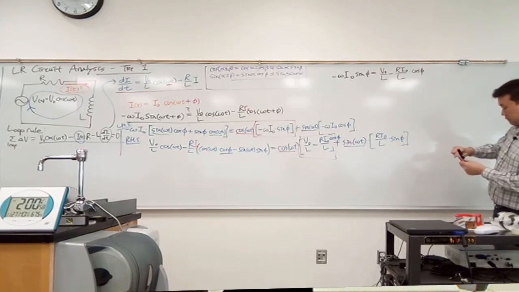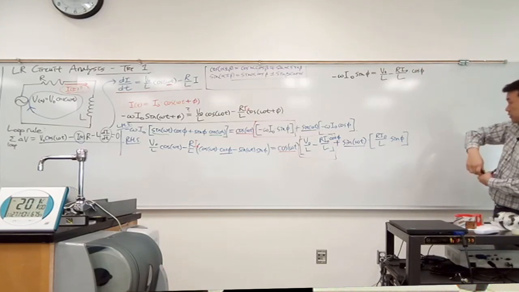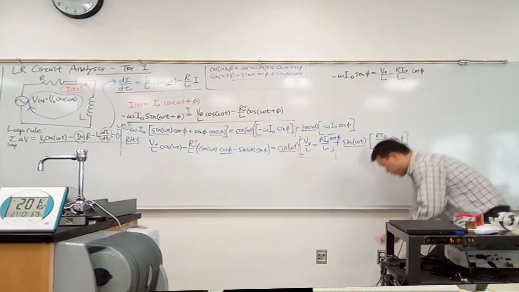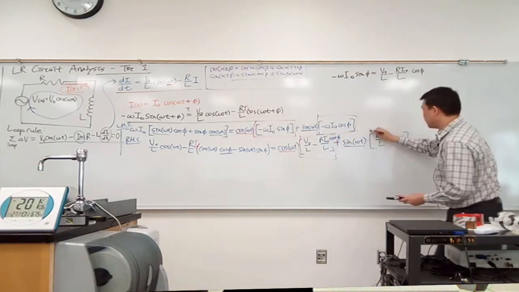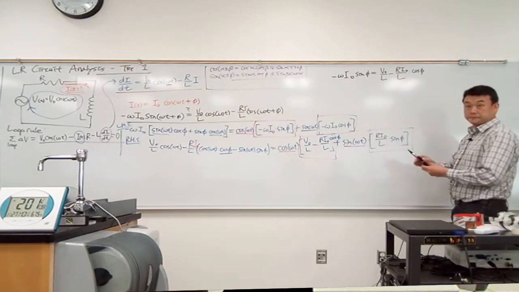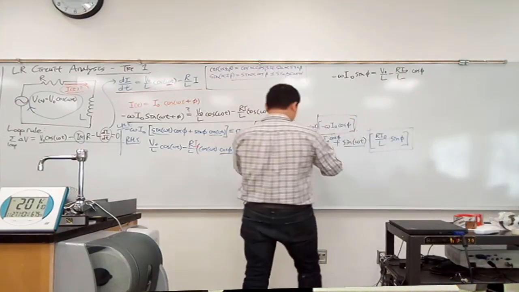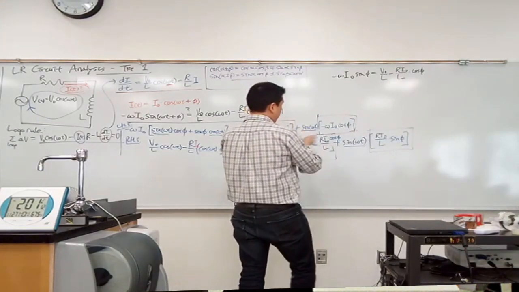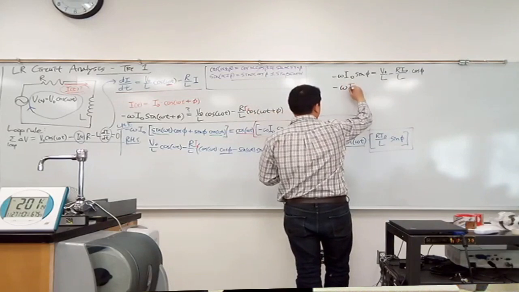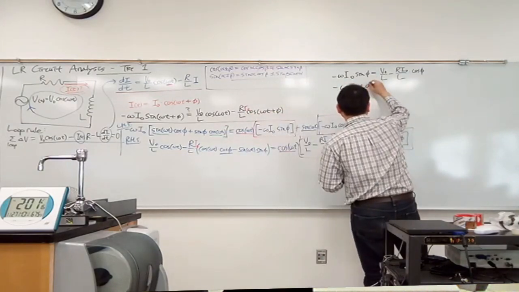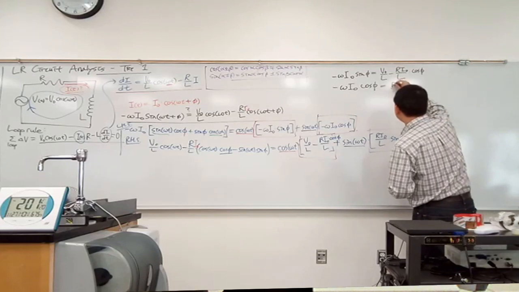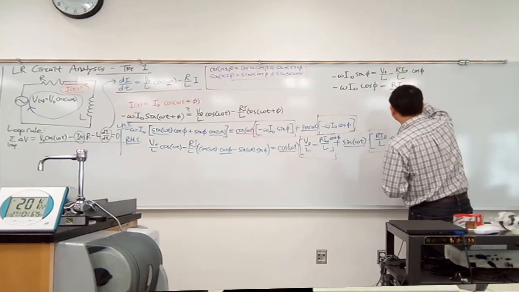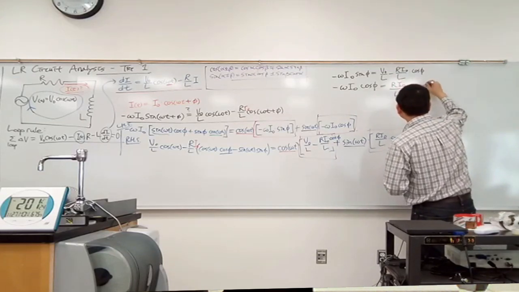And this is the first equation, and the second equation comes from saying that this coefficient must be equal to this coefficient here. So you say, all right, minus omega I naught cosine phi is equal to this: R I naught over L sine phi.